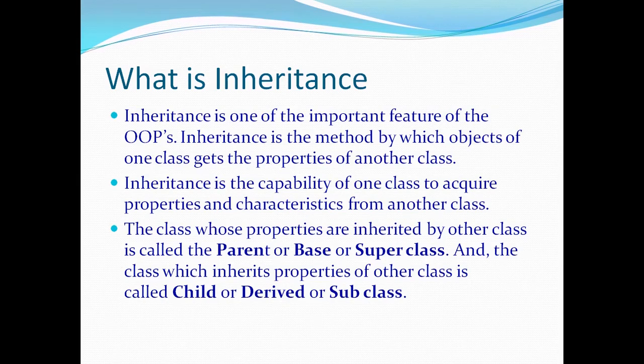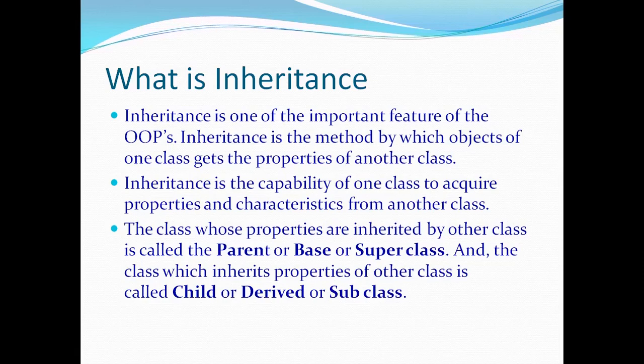Inheritance is one of the most important features of OOPS, and OOPS stands for Object Oriented Programming. Inheritance is the method or process by which an object of one class can access the properties of another class. It is the capability of one class to access properties and characteristics from another class.